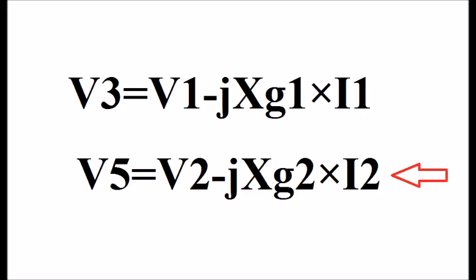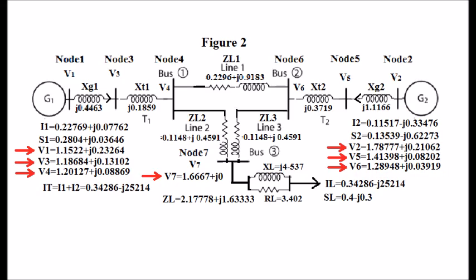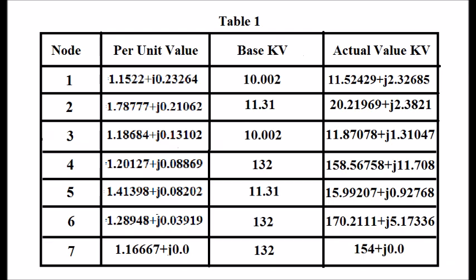All the 7 node voltages, generator power S1, S2, currents I1, I2 are given in the figure 2. This is the initial operating point. The initial operating point is shown in the table 1.